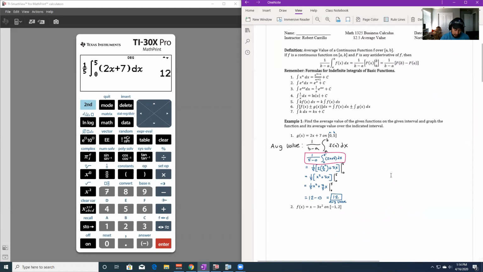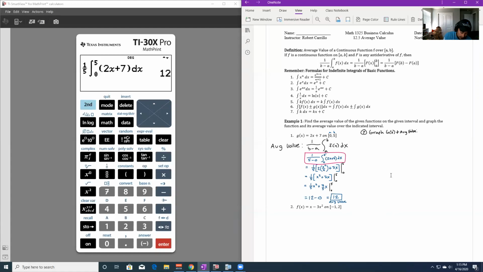Okay, so I'm going to graph this. So I guess we can make this a step. I'll call this step 2. Graph g of x and the average value.